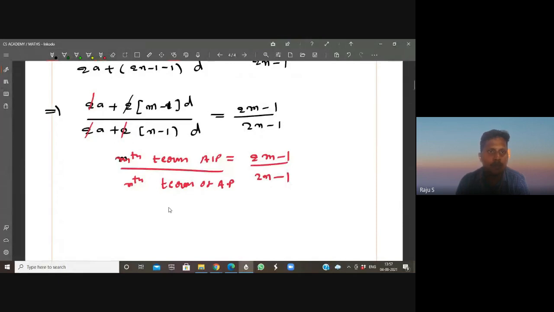Proved or not? This is Am by An is equal to 2m minus 1 by 2n minus 1. Hence proved. Thus the given result is proved.